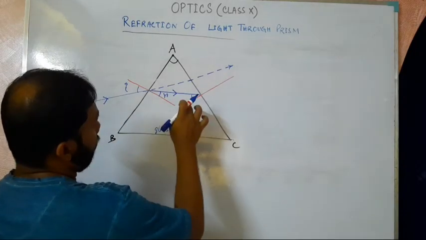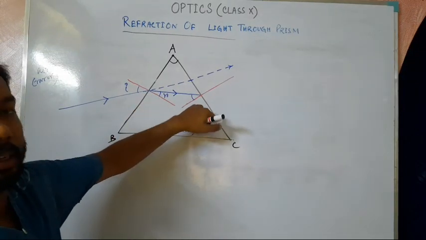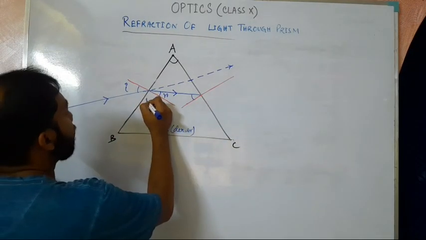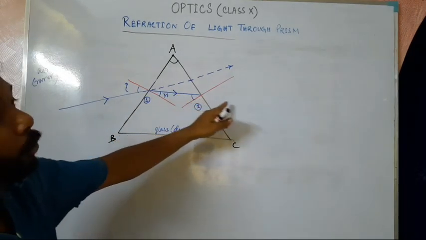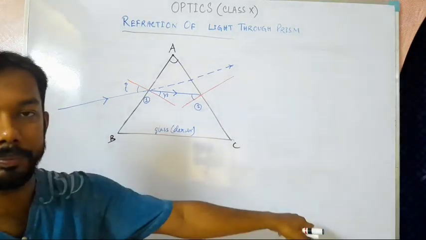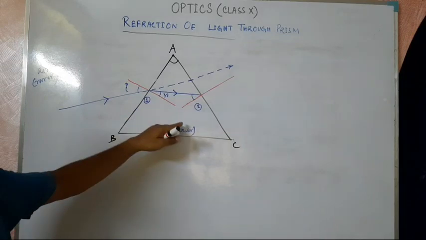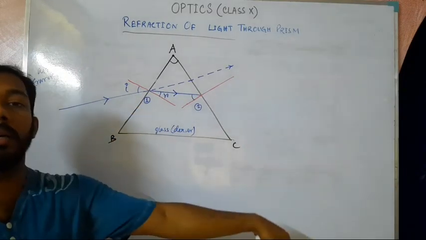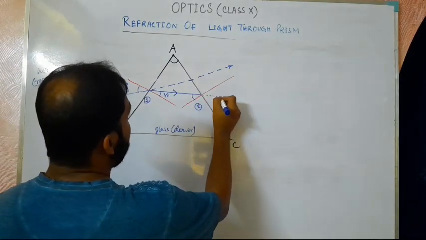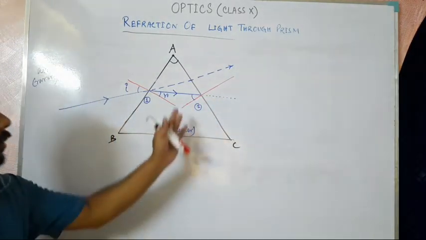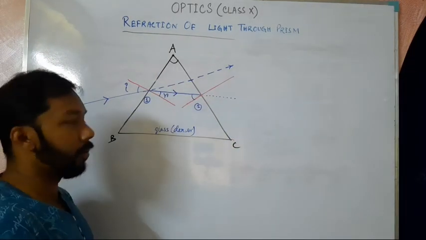Now here the second refraction occurs. This is the first refraction, this is the second refraction. So in the case of the second refraction, what we see is that the light ray travels from denser to rarer medium because there is also air outside the prism. So the light ray is getting out from the prism and going into a rarer medium, so it has to go away from the normal. It may have traveled in this direction if the change in the density of the medium was not there.